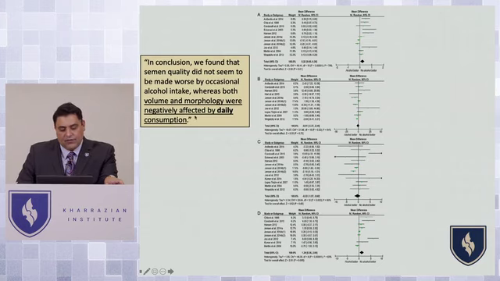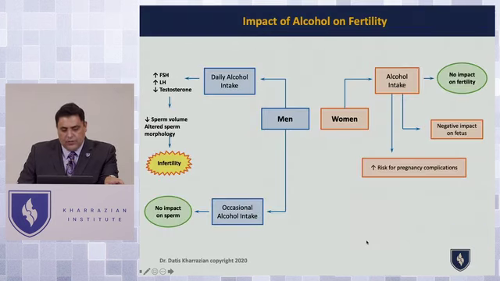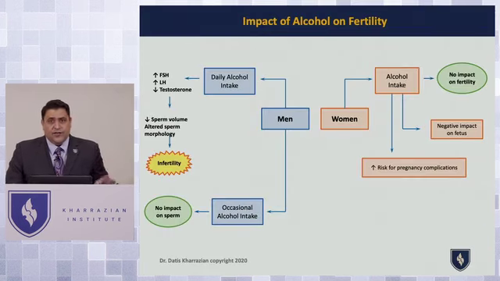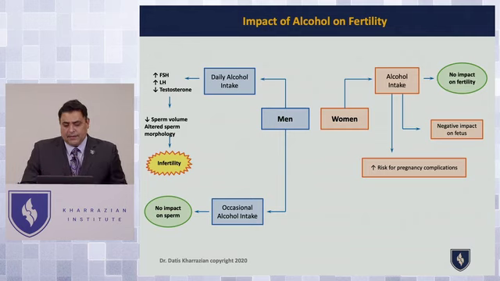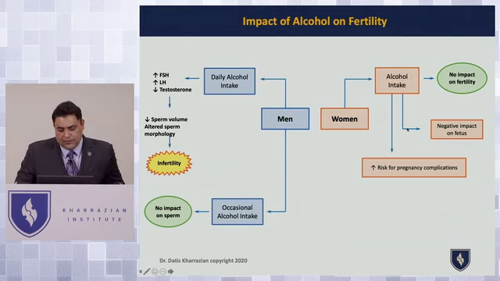So they found that just having a drink here or there didn't really have any major impact on sperm when they looked at all these different studies and trials that were published, that it was really daily consumption. So when you look at the research on alcohol, and just specific to fertility, not the impact on the fetus in a female, alcohol intake has really not been shown to impact fertility.